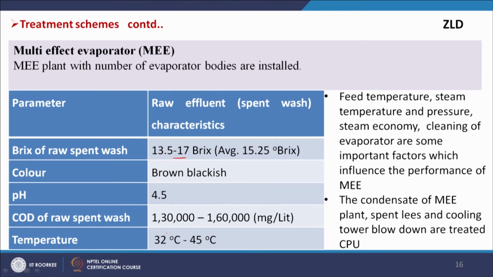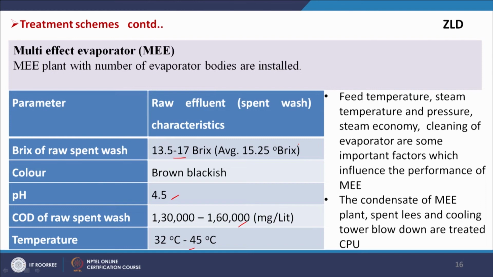The spent wash has these characteristics: COD concentration, this temperature, and pH. So, when it goes through the MEE, it is concentrated up to 58 to 60 degree brix.